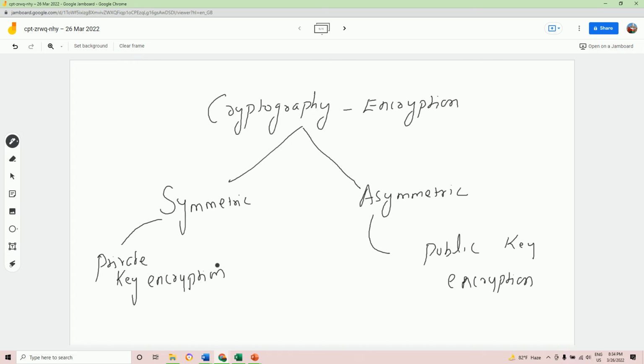So in the symmetric encryption technique, please understand, the same key is used for encryption and decryption.